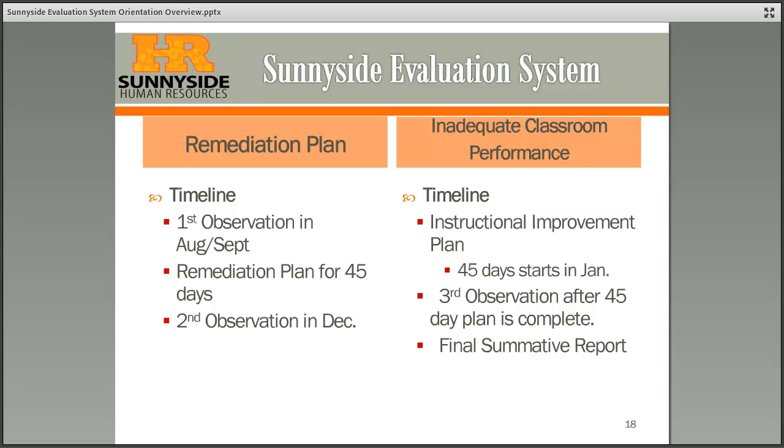The Professional Remediation Plan. Teachers who have been ranked ineffective on their final summative evaluation for the 2016-17 school year will have their first formal observation in late August or early September. If after the first formal they are still ranked ineffective, they will be placed on a professional remediation plan that will run for 45 calendar days.